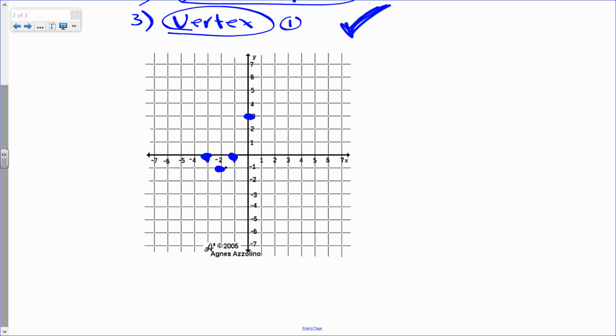Let's make our parabola. Okay, here's our parabola. We've got the vertex, x-intercepts, y-intercepts. We're good to go.